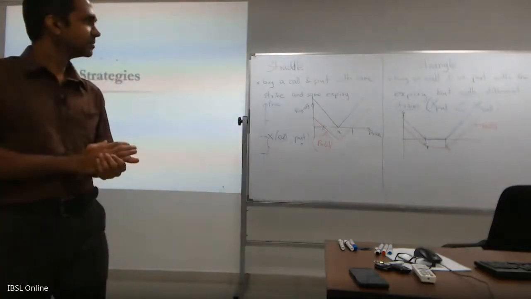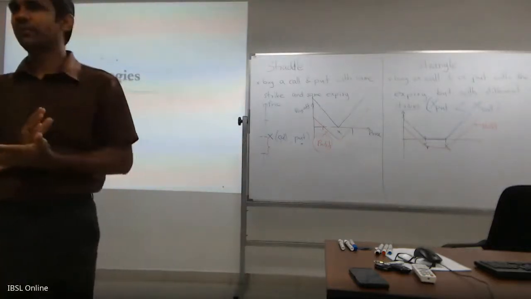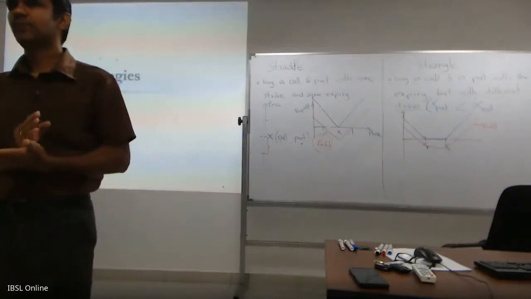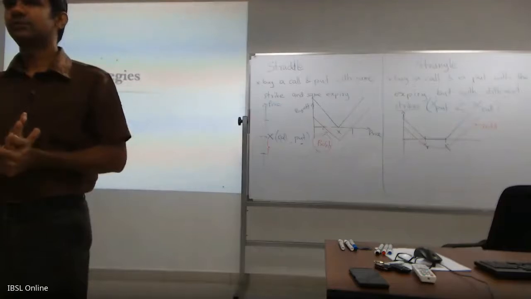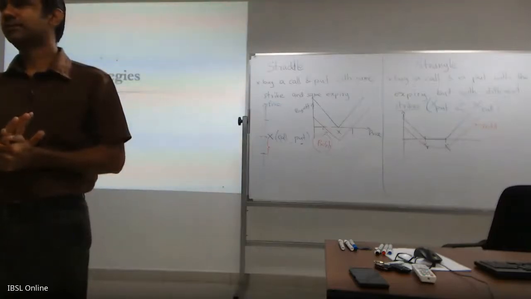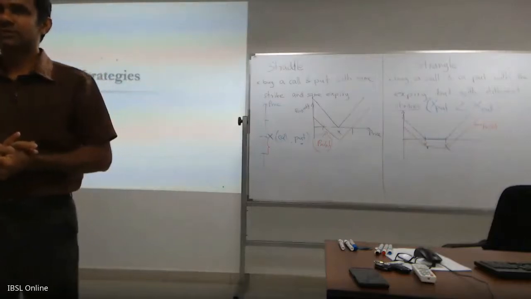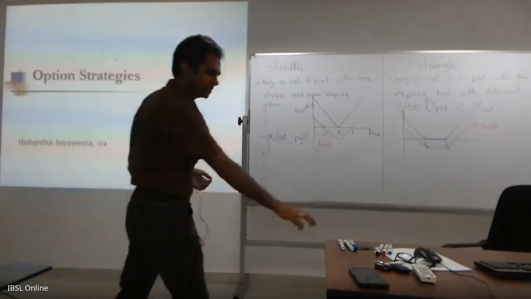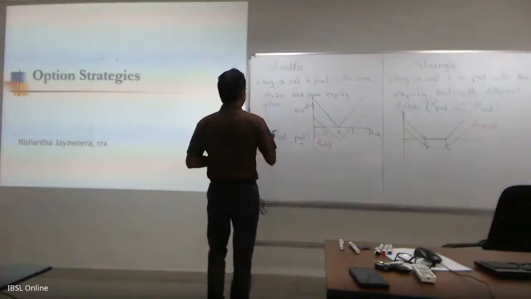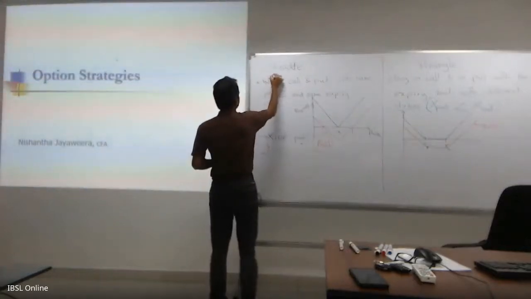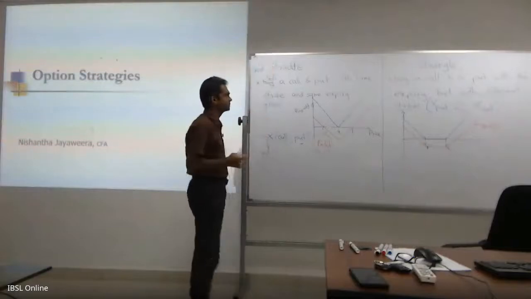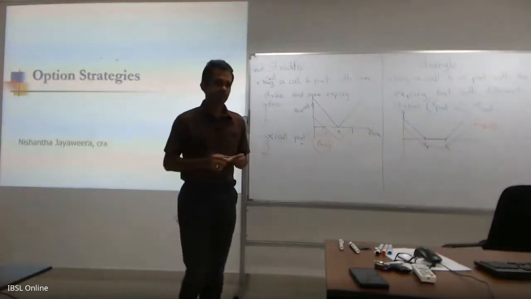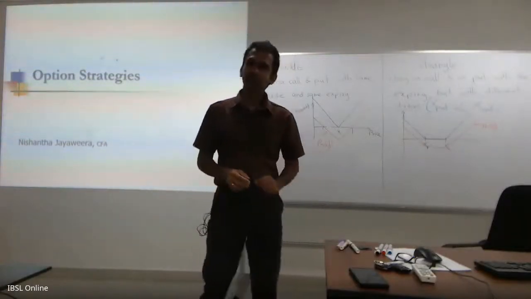What would be the payoff and profit diagrams for a short straddle and a short strangle? That means if somebody sells instead of buying, then what would be the payoff diagram?